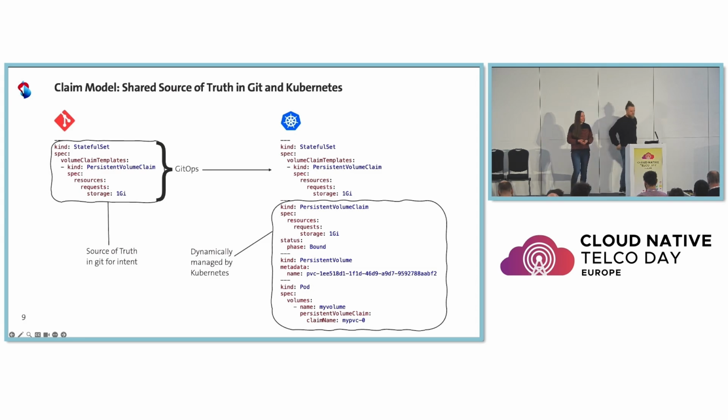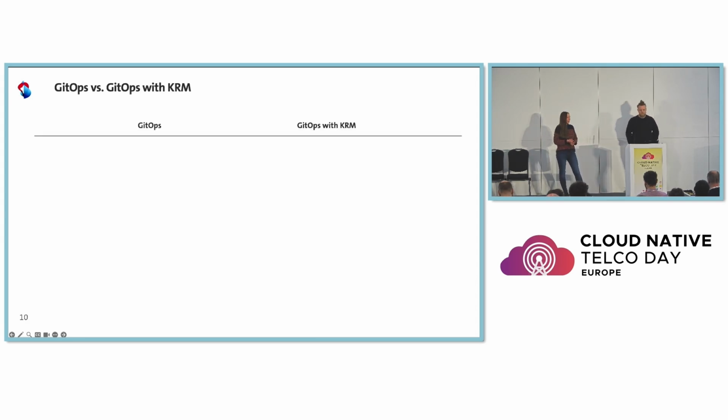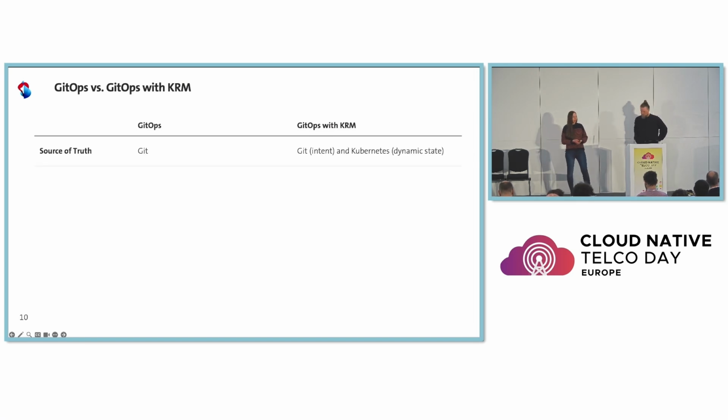Thank you, Joel. So if we compare pure GitOps with GitOps combined with KRM, the PVC example showed well how the source of truth is shared between Git and Kubernetes. So this allows for abstraction. In Git, you only need to store your intent, and the details can then be handled by Kubernetes.